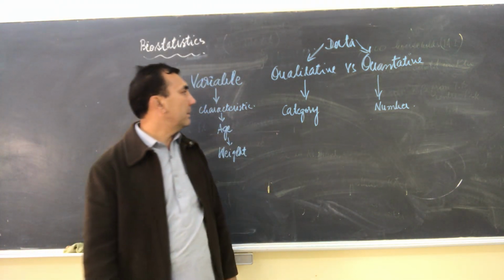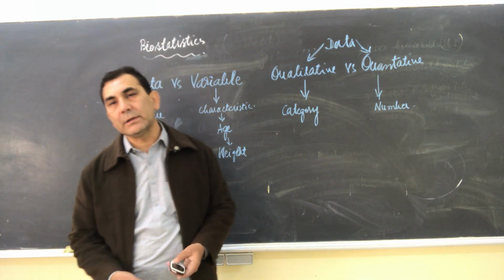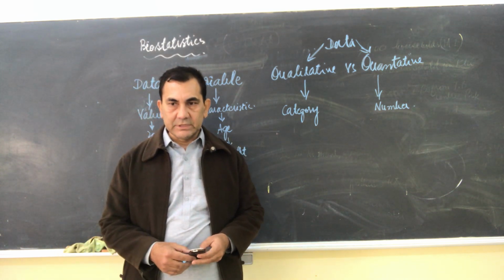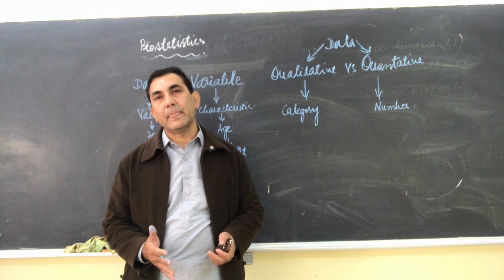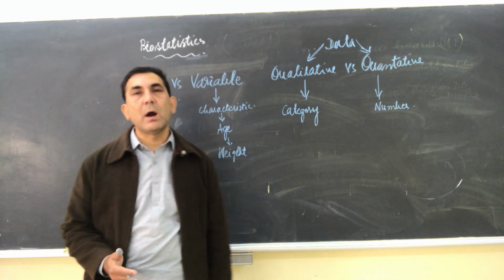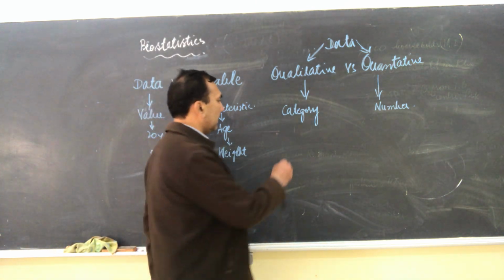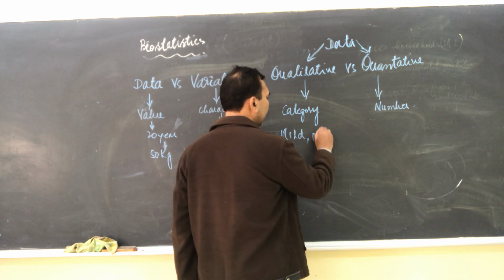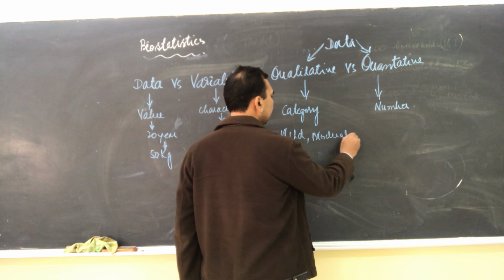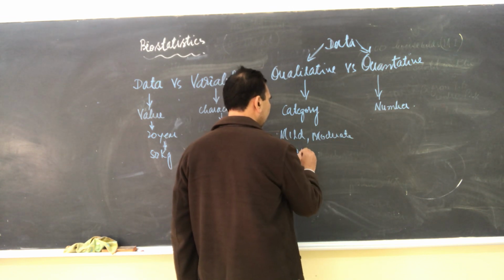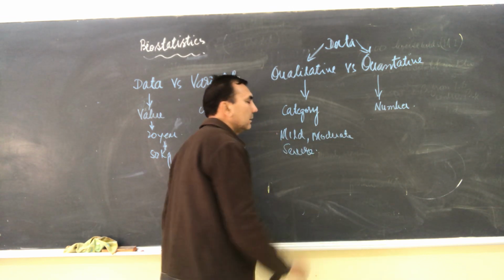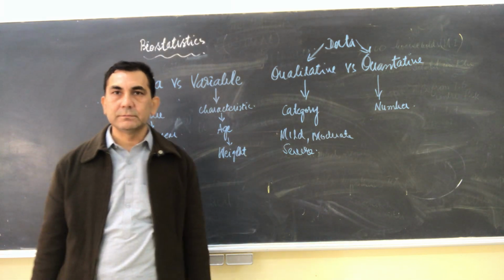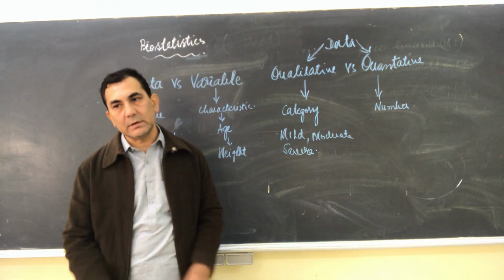So, examples of qualitative and quantitative data. If the severity of pain is mild, moderate, and severe, this again is in category form, so it is qualitative data.